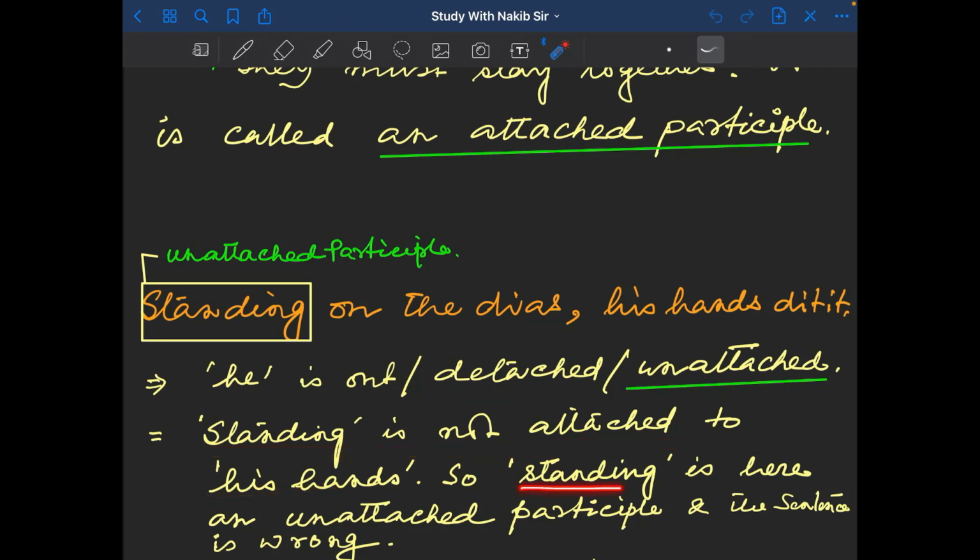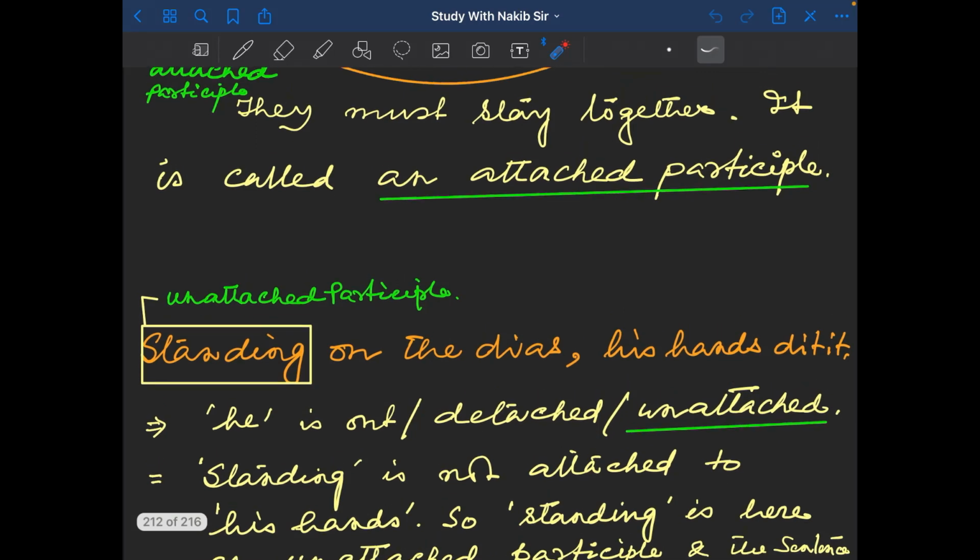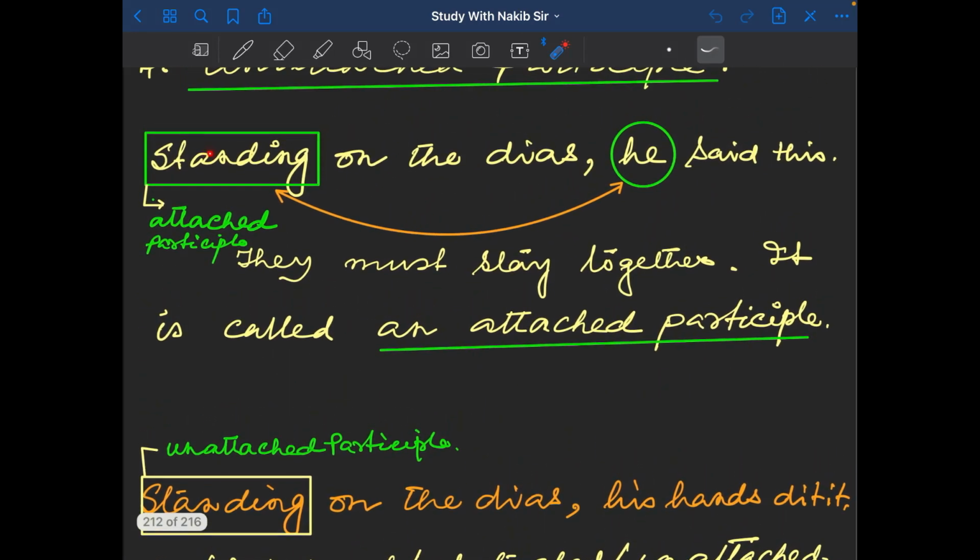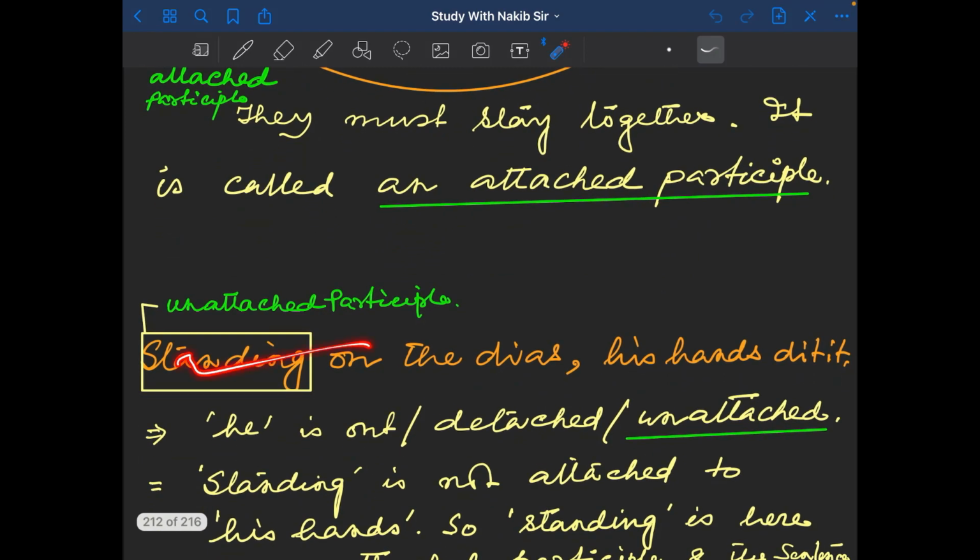So, standing is here an unattached participle and the sentence is wrong. Standing is attached to "he", but in this sentence that "he" is absent. That means standing is unattached. It is now detached.